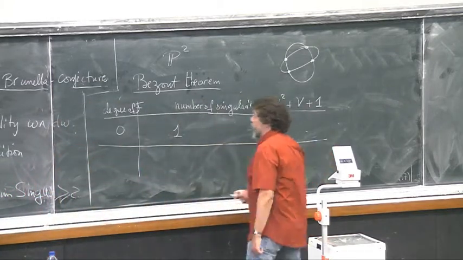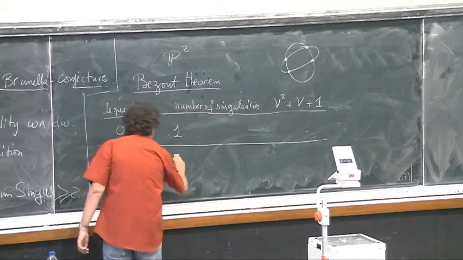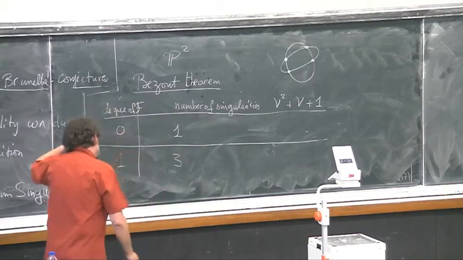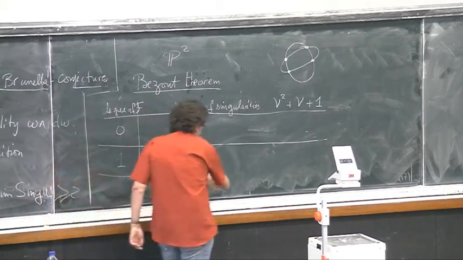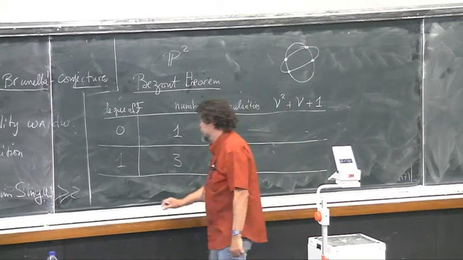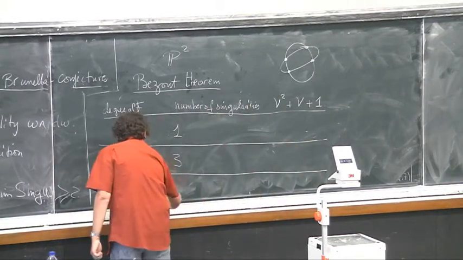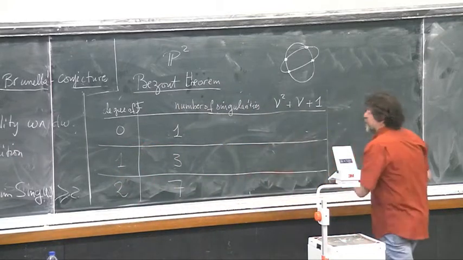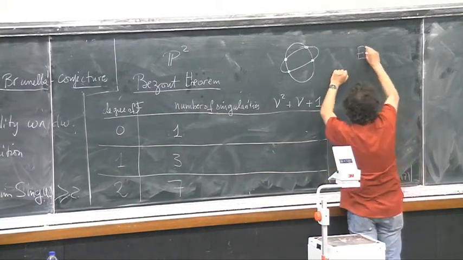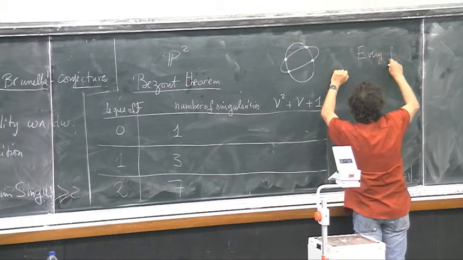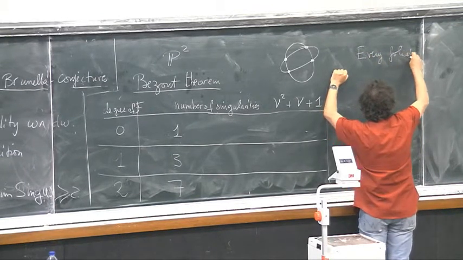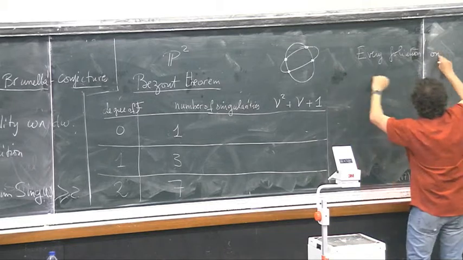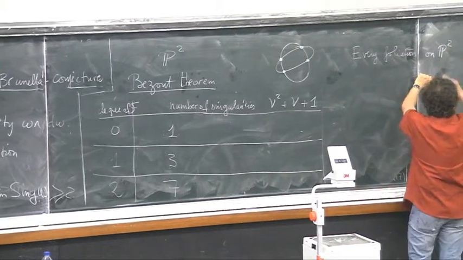For 1, you have 3, counted with multiplicity. For 2, you have 7, and so on. As a consequence, we see that every foliation on P2 has singularities.